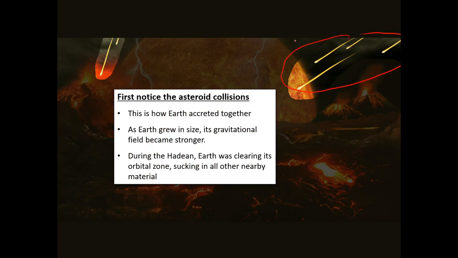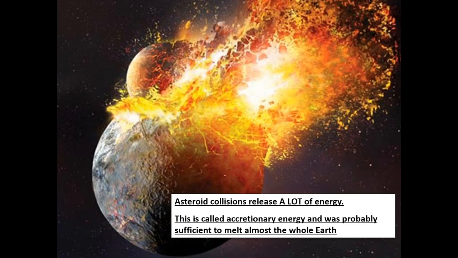Obviously during the Hadean, you still have asteroid collisions very frequently, okay? So this is how Earth accreted together. It makes sense that it's still growing in size, its gravitational field's becoming stronger, it's sucking more and more material into its gravitational zone. So during the Hadean, Earth was clearing its orbital zone and sucking all the nearby material into itself, okay?